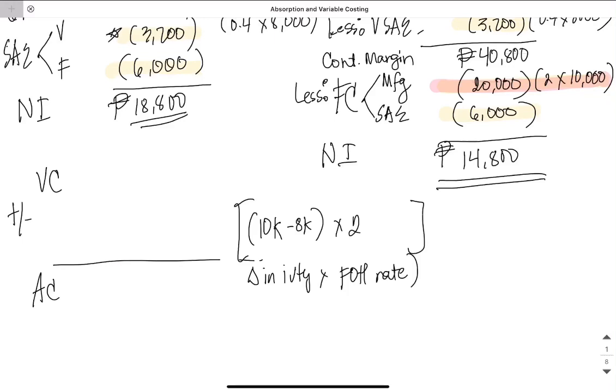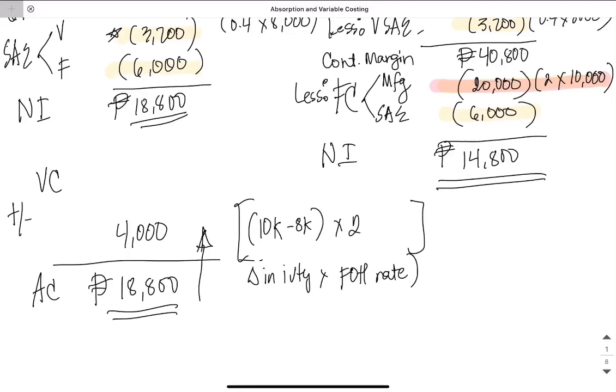Let's assume the absorption costing income is the first one that you have computed, and you have to determine also the variable costing income. So this is the formula: 10,000 minus 8,000, that is positive 2,000, times 2, that will give you 4,000. So work back: 18,800, instead of adding 4,000, we have to deduct it.